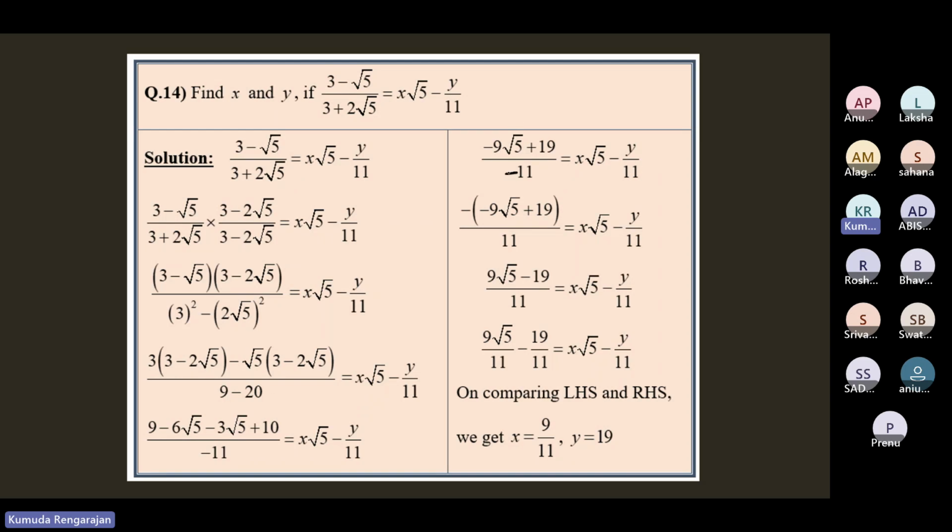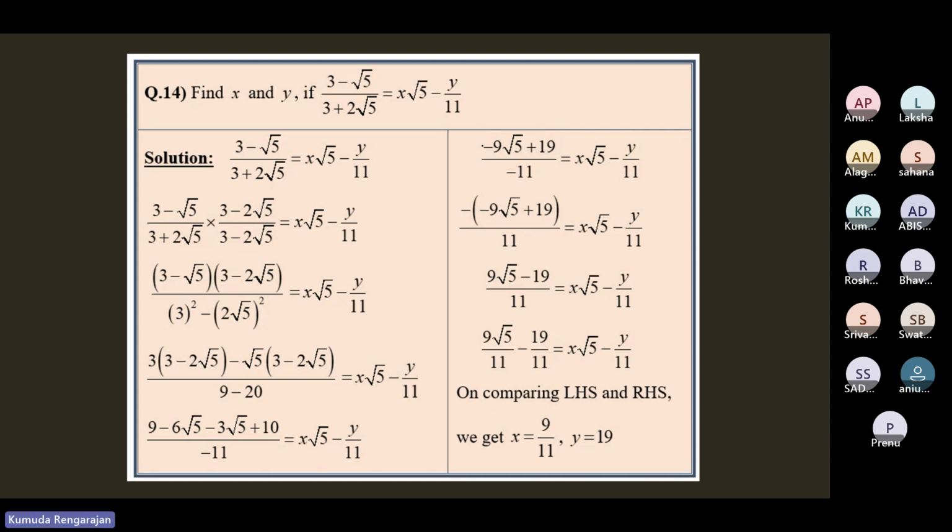So what you do, this minus 11, take it up to the numerator. Whenever the denominator has a minus sign, you can take it up to the numerator. But how do you do that? Enclose the numerator in brackets, and then take this minus sign up to the numerator.